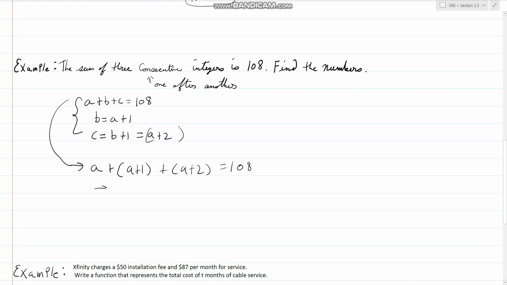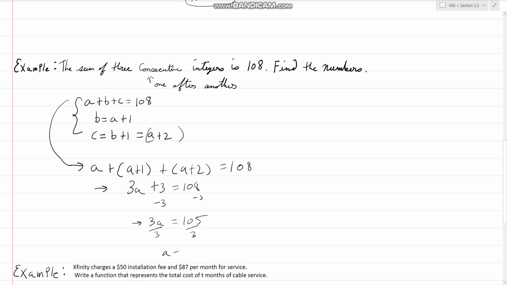Okay, not too bad. Let's just go ahead and solve it. So I have A plus A plus A, that's 3A, and I have 1 plus 2, that's 3, and I have 108. Now I can subtract 3 from both sides. So I have 3A equals 105. I want to divide both sides by 3.